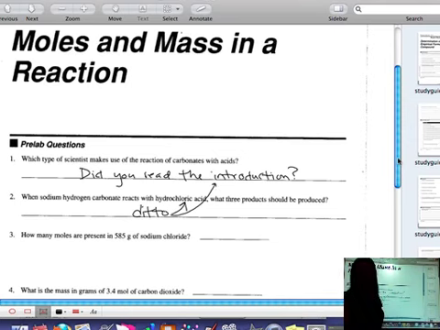Reading through it, I want you guys to realize that a reaction between sodium hydrogen carbonate and hydrochloric acid is a double replacement reaction. But it produces 3 products because of the carbonate that's involved. And that's what the introduction is telling you about. Hydrogen carbonate breaks down very quickly into 2 additional products, and it very clearly tells you this. And you have to work with this type of reaction for the entire lab. So make sure that you read through that introduction so you get these 2 answers correct.